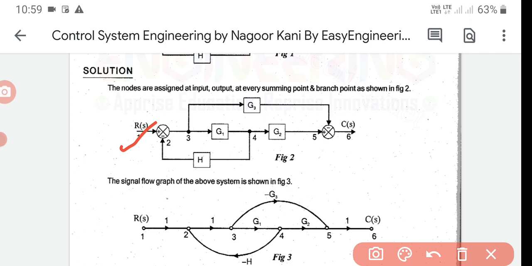Now the summing point is the second node, and the third node is at the branch point. The fourth node is at the next branch point. At the fifth summing point, and the sixth at the output. So six nodal points we have represented here.